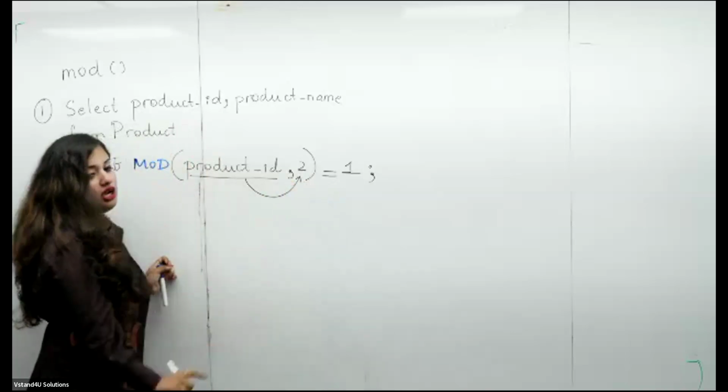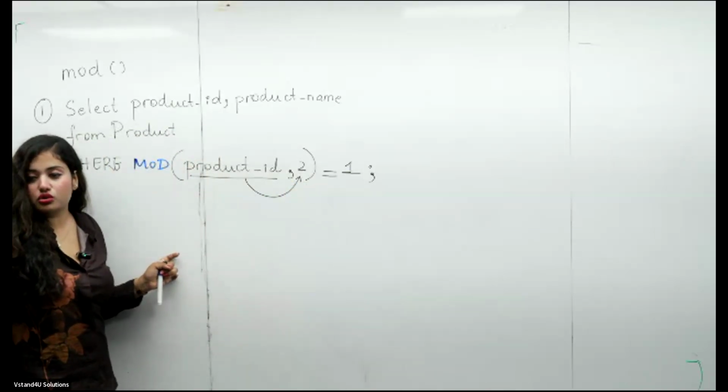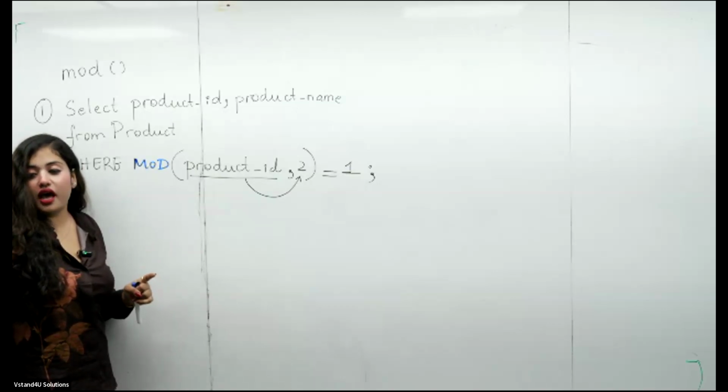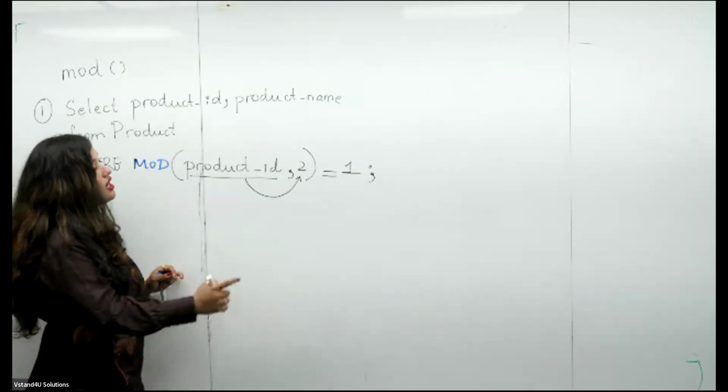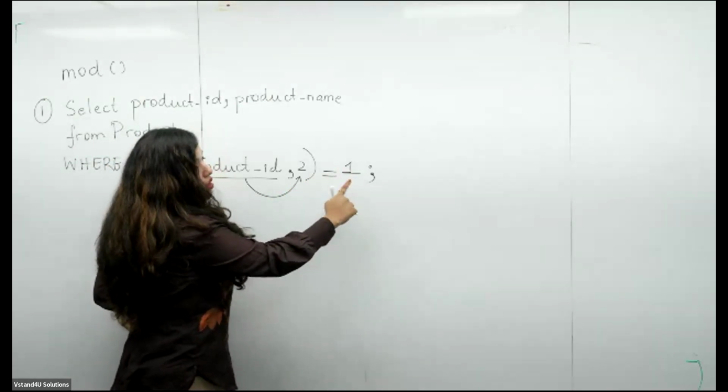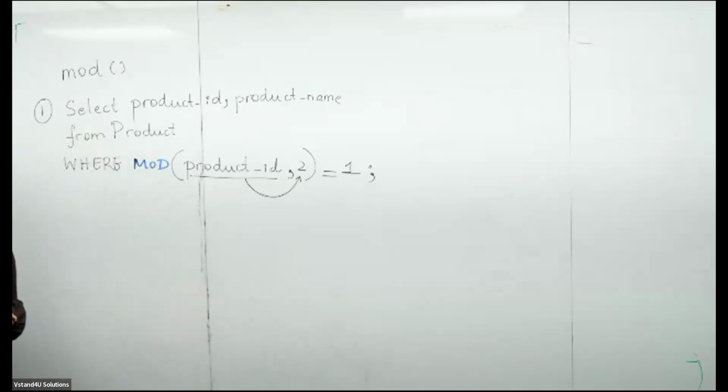Why am I dividing it with 2? Because I have to get the remainder as 1. That is the reason I am dividing it with 2, and I am saying the remainder should be equal to 1. Then only I will get the odd value. Okay, clear? If I have to get the even values, where mod product ID comma 2 is equal to 0.